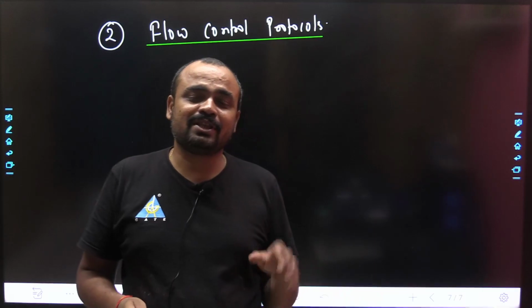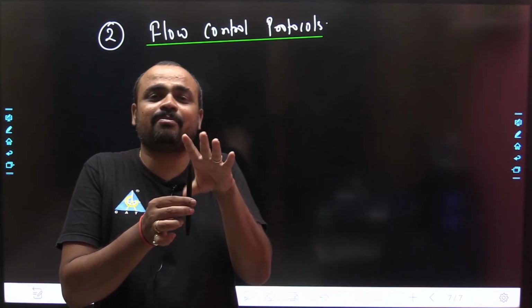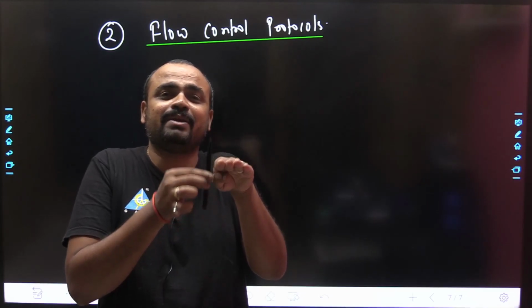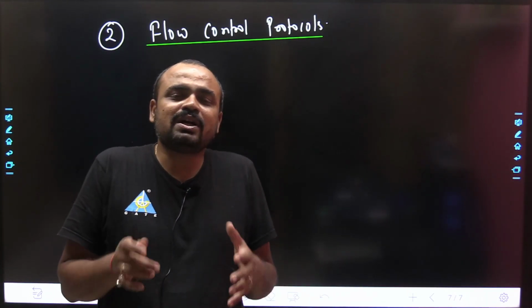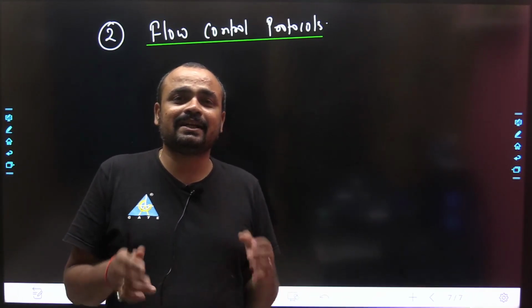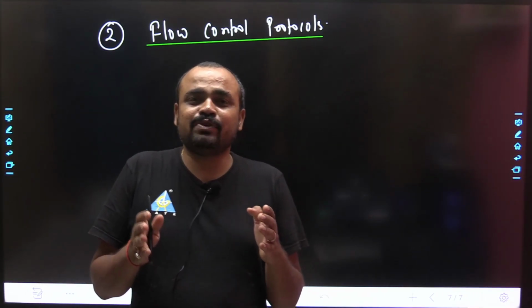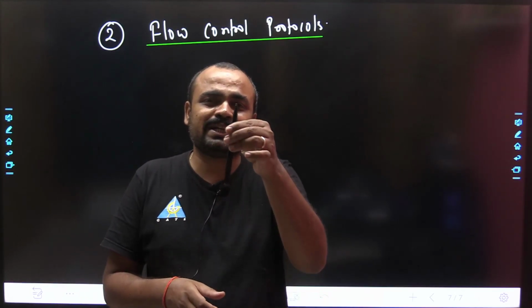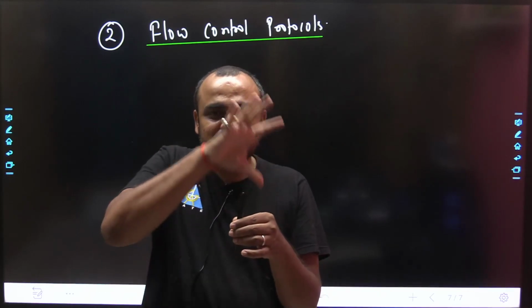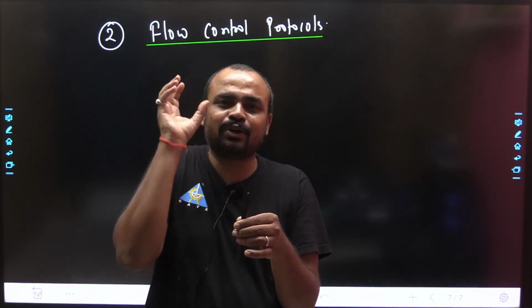What is the time the sender will take to transmit a given frame, or to drop the given frame into the medium? Those are part of the flow control protocol, because you are analyzing the timing which is required to deliver a particular packet or frame to the receiver. Those things are involved inside the flow control protocol.